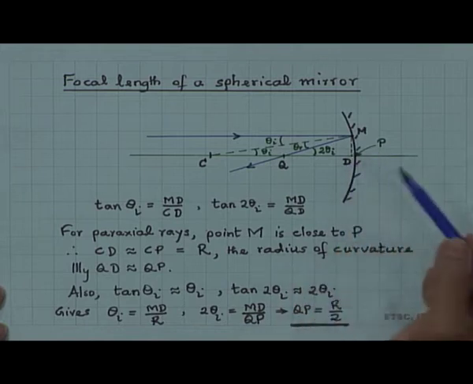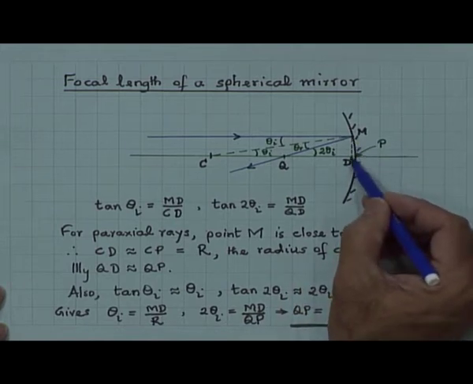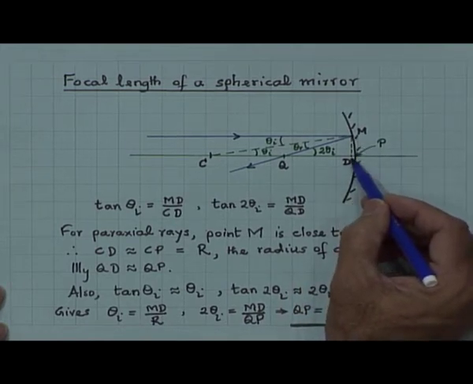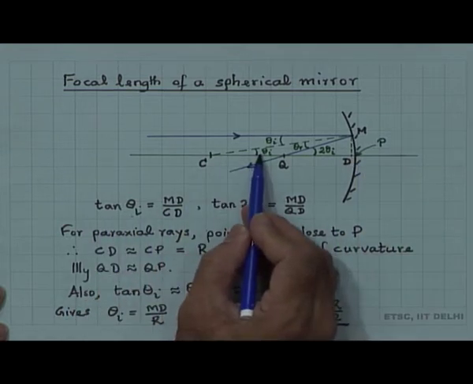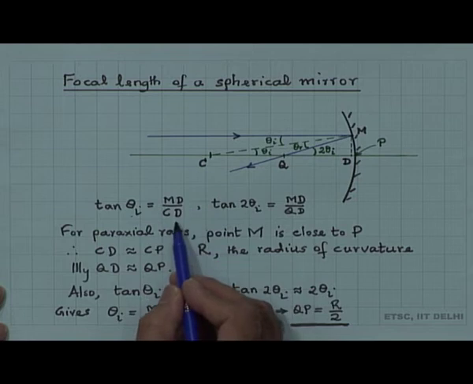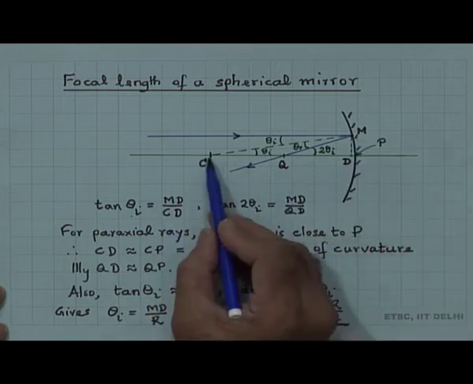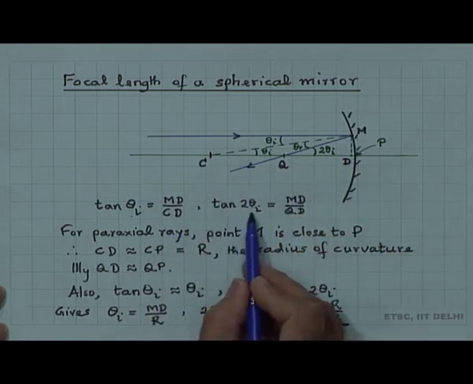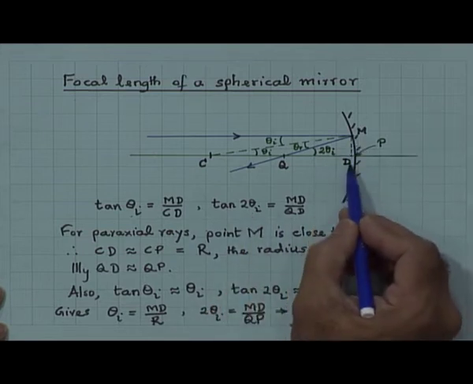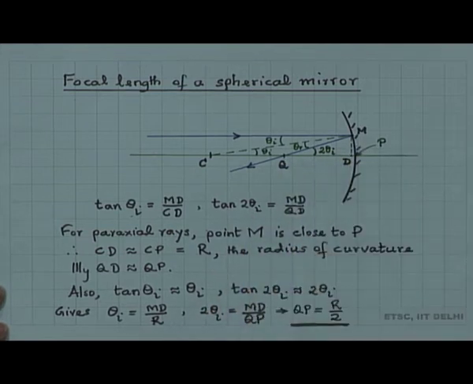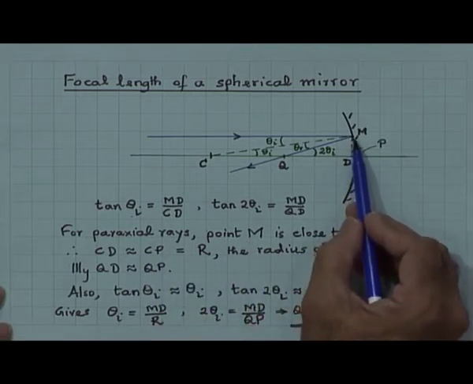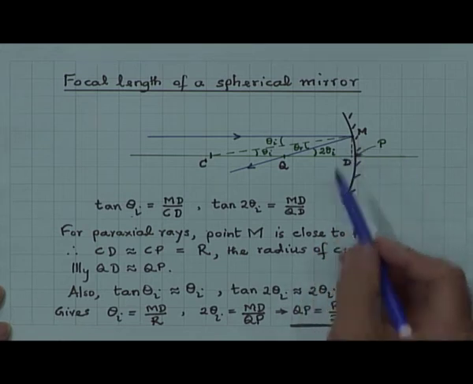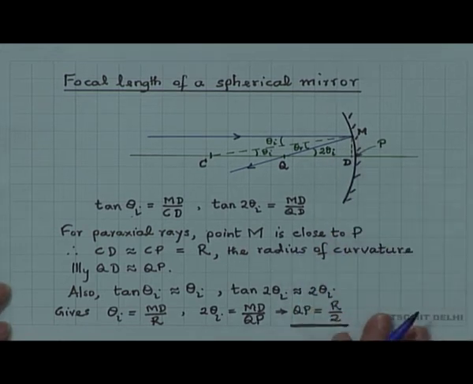So, immediately if I drop a perpendicular from m to the point D here, then tan theta i is equal to MD by CD, and tan 2 theta i is equal to MD by QD. For paraxial rays, the point m is close to P. We are discussing paraxial rays, which means small aperture approximation.